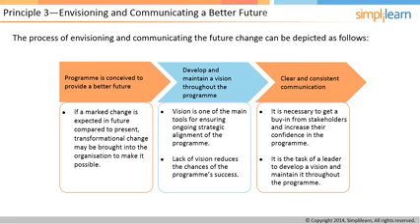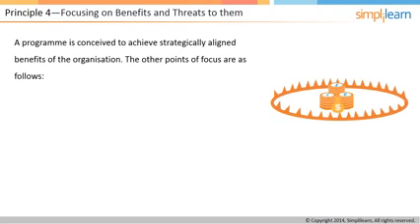Also, vision is something that has to be communicated repeatedly to ensure that stakeholders remember it well. A program that doesn't have a clear and well-defined vision will leave stakeholders confused about its future intent. So, it's the task of the leader to develop a vision and maintain it throughout a program. Let us now have a look at the fourth program management principle in the following screen.